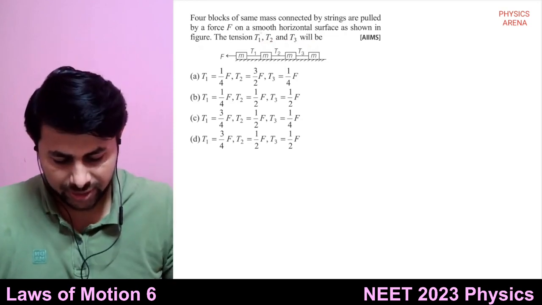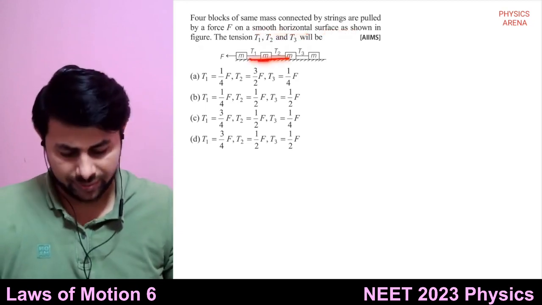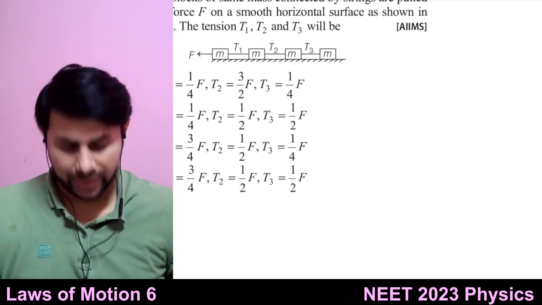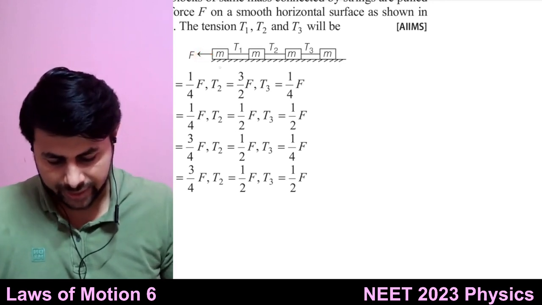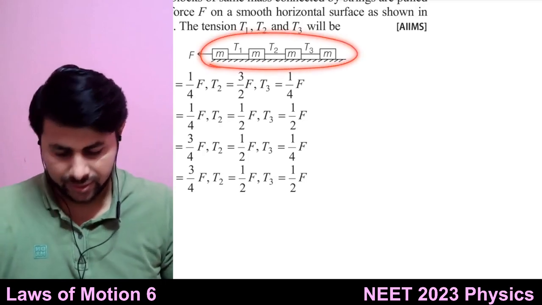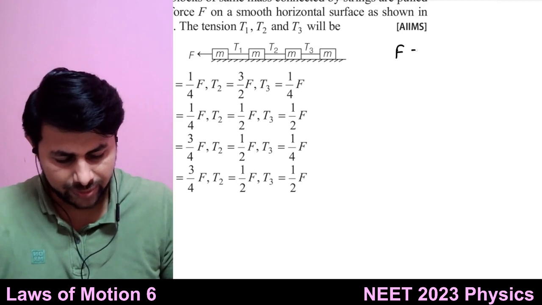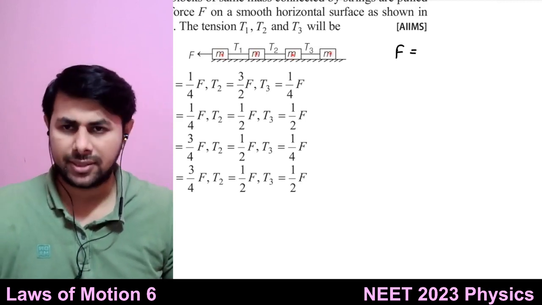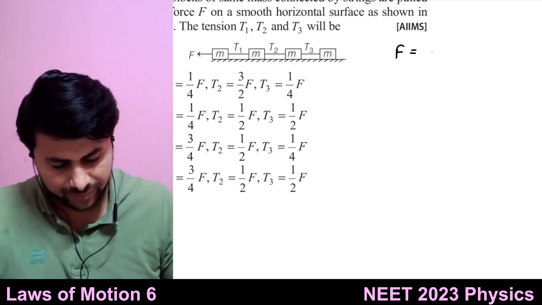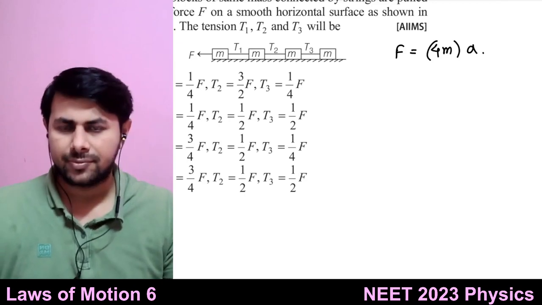This is a smooth horizontal surface, which means there is no friction, and there is this force F acting on these four masses. So what can I say? The net force is equal to m plus m plus m plus m, so 4m, the total mass, multiplied by acceleration.